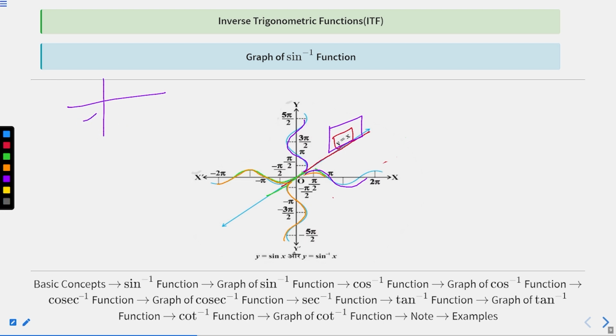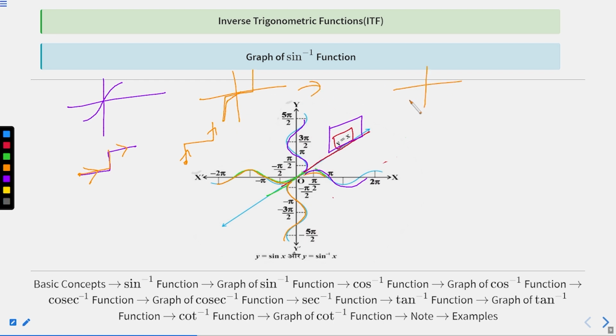The sine x graph is like this. Whenever you see that you are going from left to right, then your graph will be like this. Your graph will go from down to up, like this.